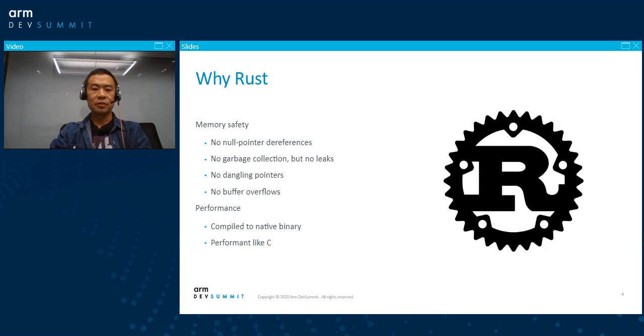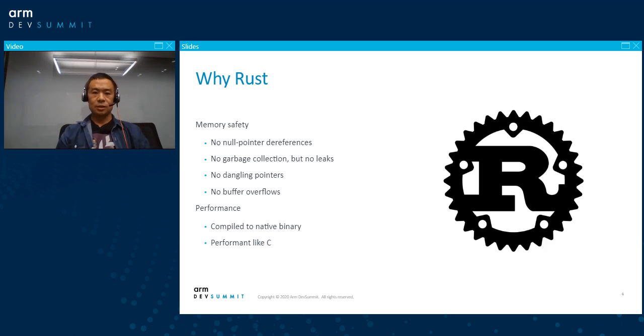Usually, this kind of problem is very difficult to debug. You will not get this problem in Rust. Buffer overflow is another kind of common memory error in C, which can lead to serious security threats. This can also be avoided in Rust by nature.